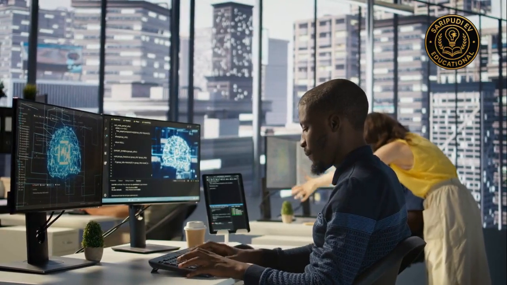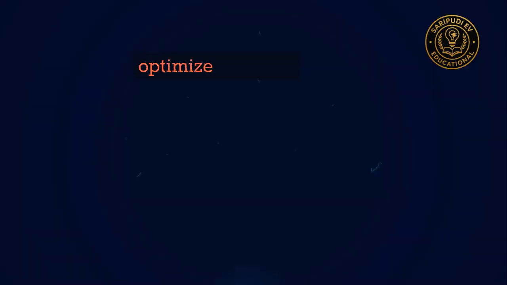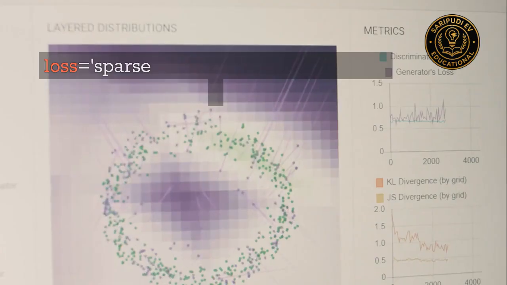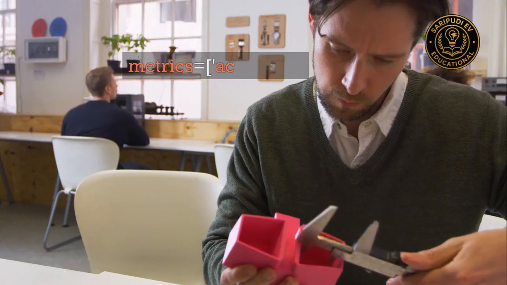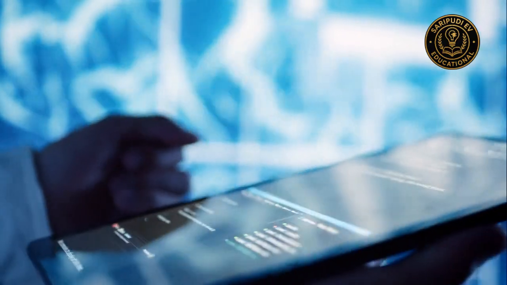Step 4: Compile the model. model.compile(optimizer='adam', loss='sparse_categorical_crossentropy', metrics=['accuracy']).